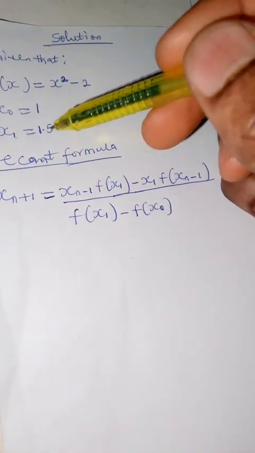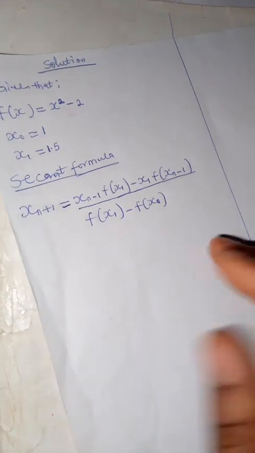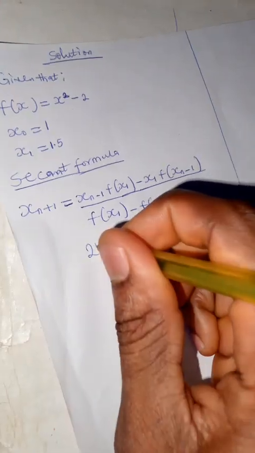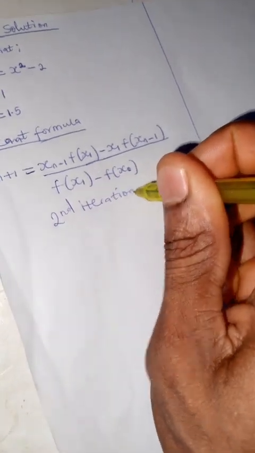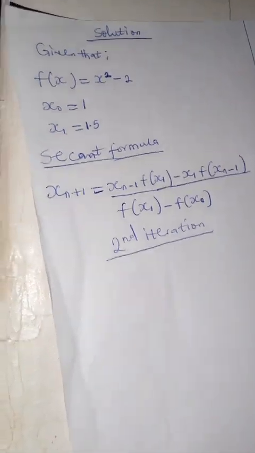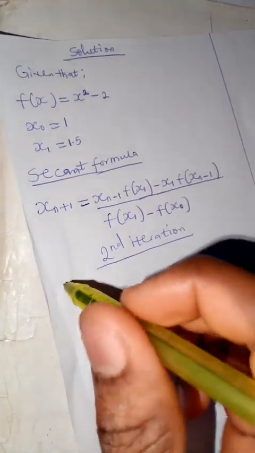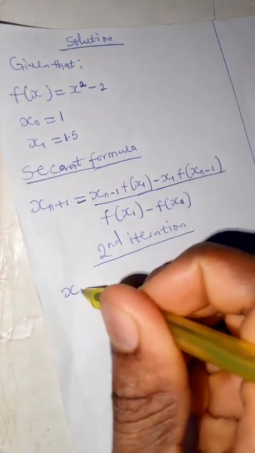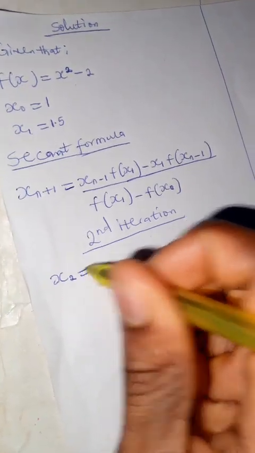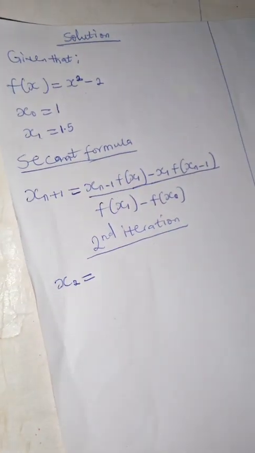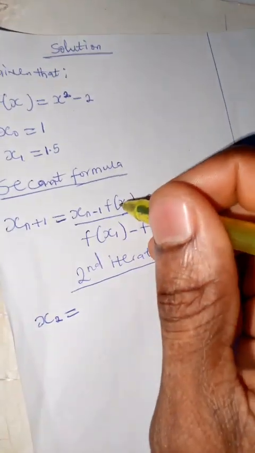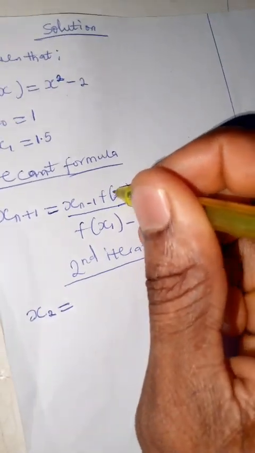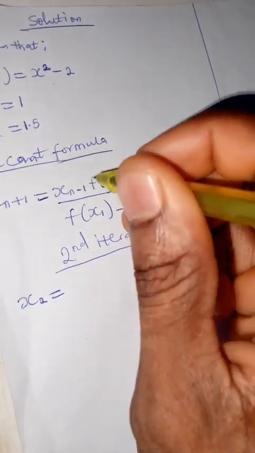Since our x1 is 1.5, we're going to start from x2, and we keep looking until we get the square root. That's where we're going to stop. So the secant method is very easy. If you follow up, it's not difficult at all.